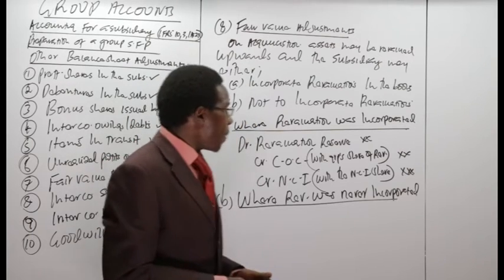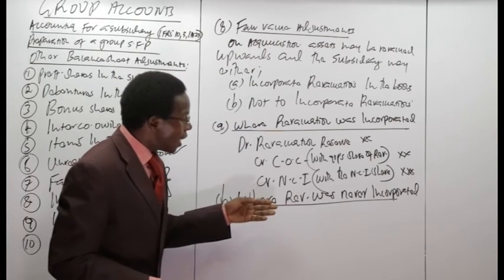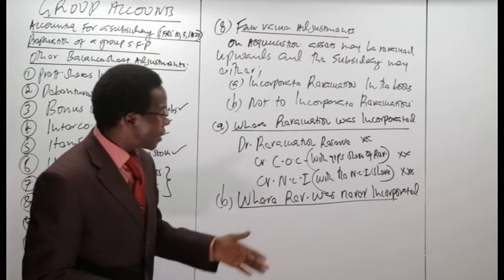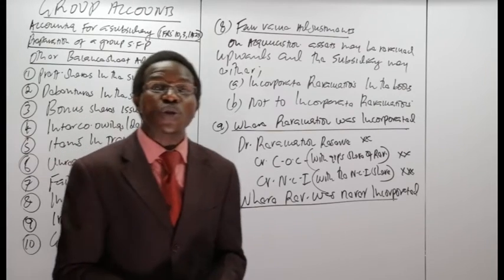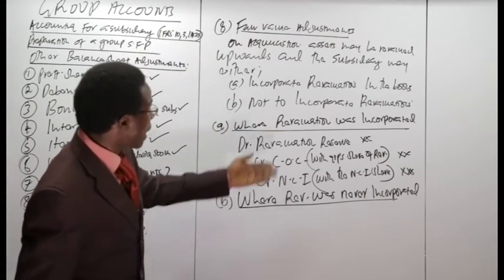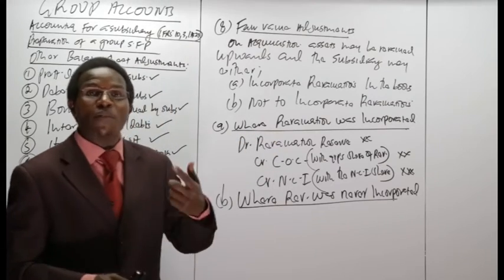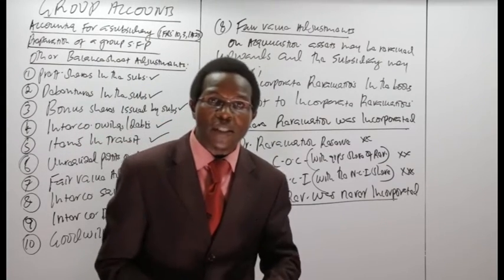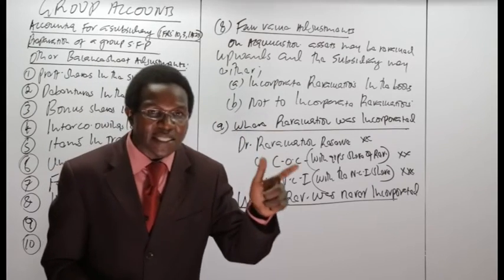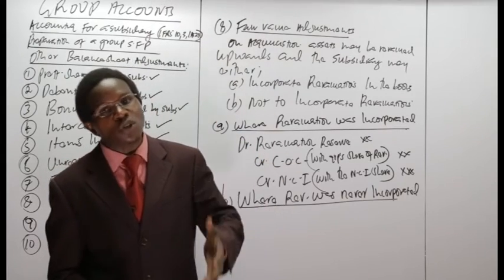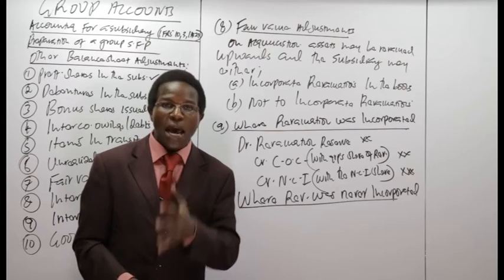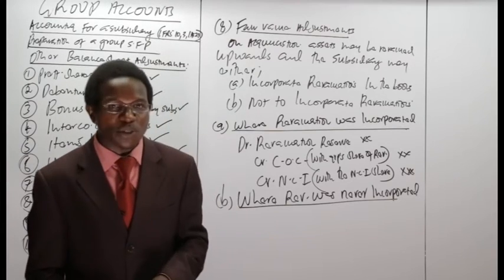Apart from the depreciation adjustment, you also need to do the revaluation adjustment as we have done it. You recognize the revaluation in the first place, meaning you increase the asset, then you recognize that revaluation as a pre-acquisition item. So there are 2 main things that you need to remember.